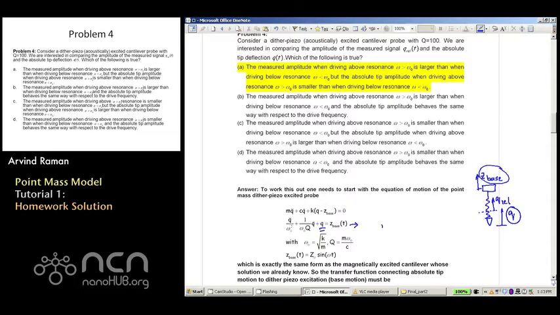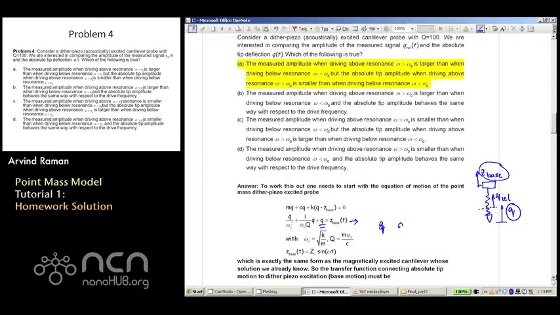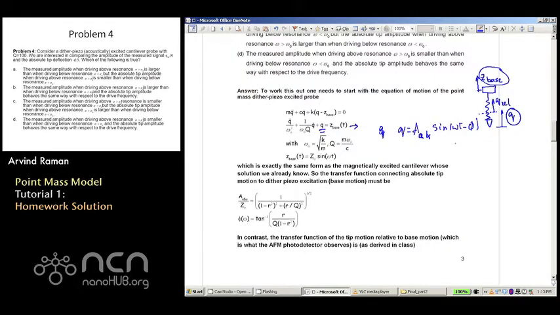Q is now the absolute motion of the tip, and so if you simply write down Q as some absolute vibration amplitude times sine omega t minus phi, right? You can actually solve for the transfer function between A absolute and this Z naught, which is the magnitude of base motion.